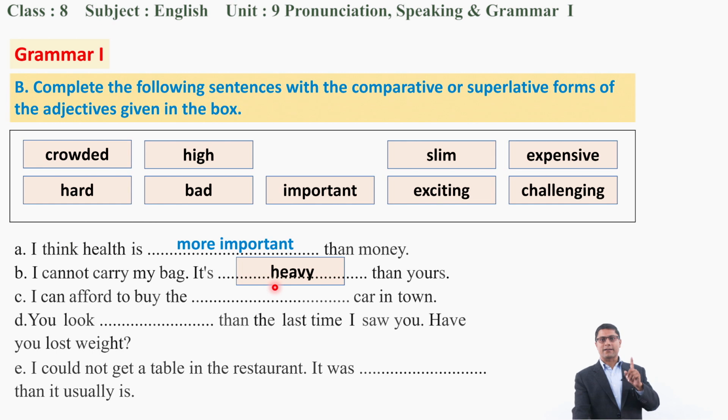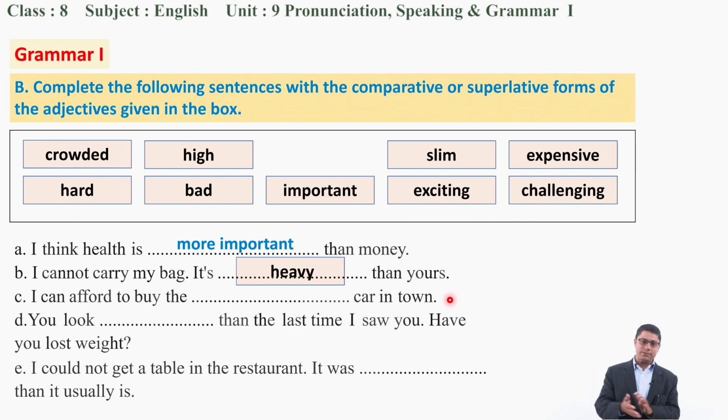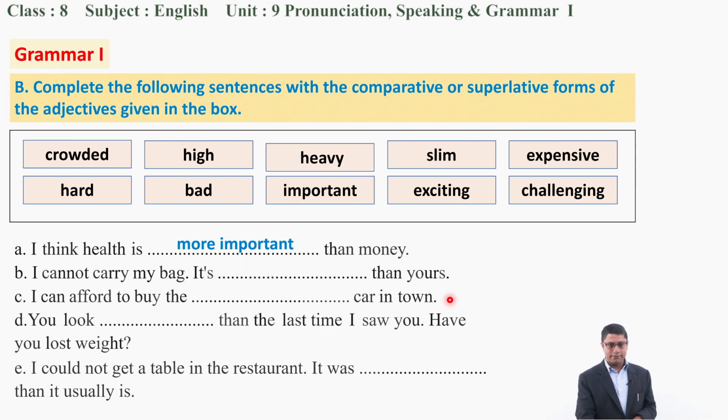We have to use either comparative or superlative form. So what are we going to use here then? Comparative or superlative? Very good. Comparative, because we are comparing the two bags, my bag and your bag. So comparative. And what's the comparative form of heavy then? Okay, very good. It's heavier.